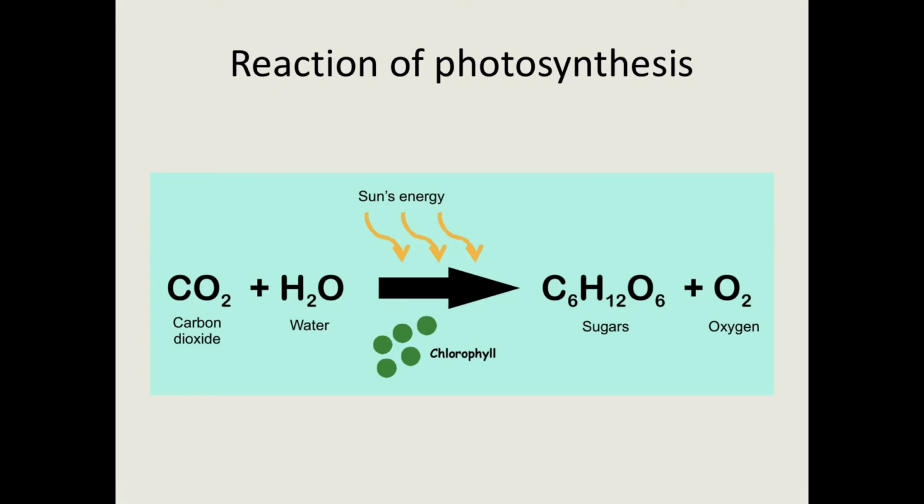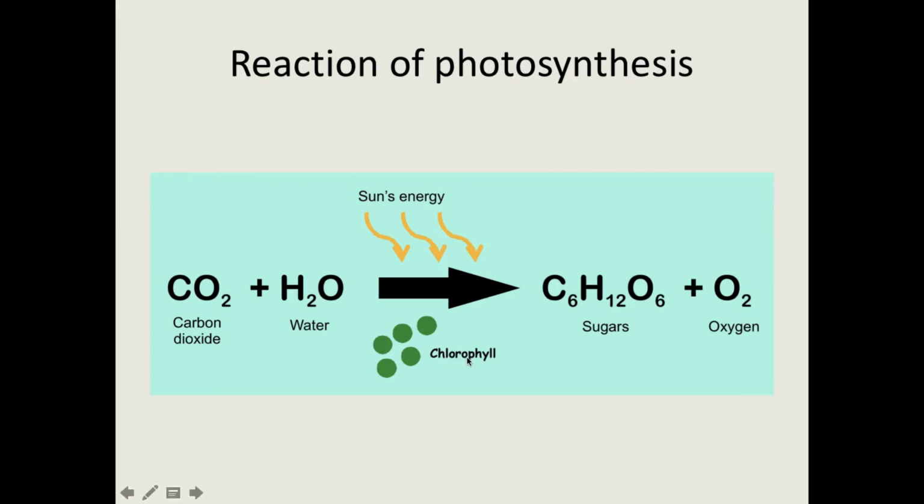Along with carbon dioxide, another important component the plants require is water, which can be denoted as H2O. Along with these two components, the plant should also absorb the sun's energy coming from sunlight, and that is done with the help of a green pigment called chlorophyll.